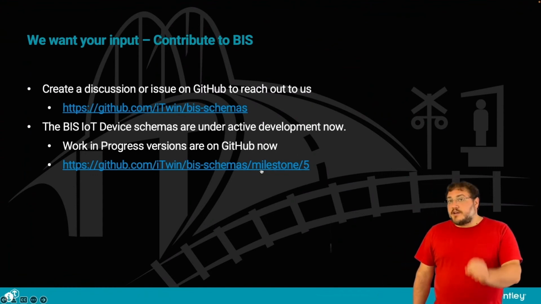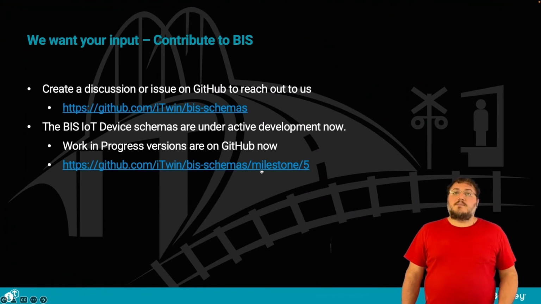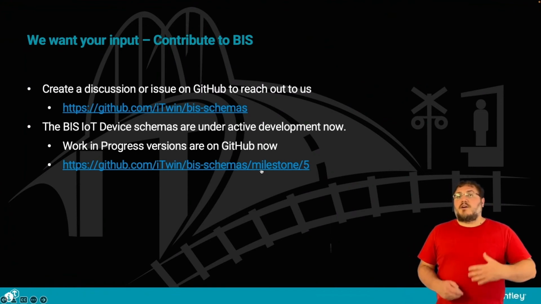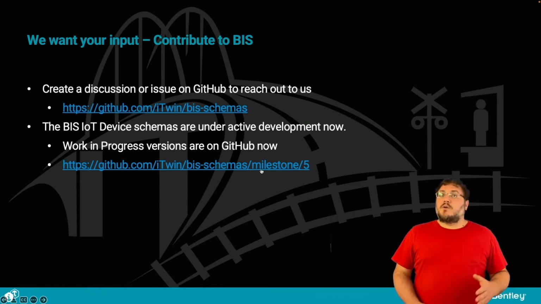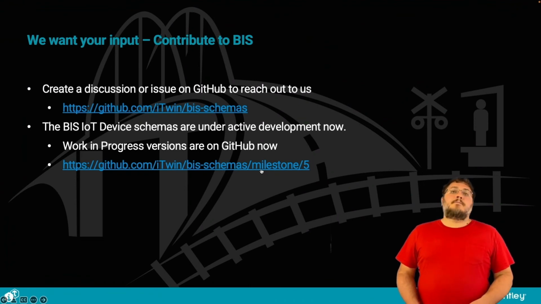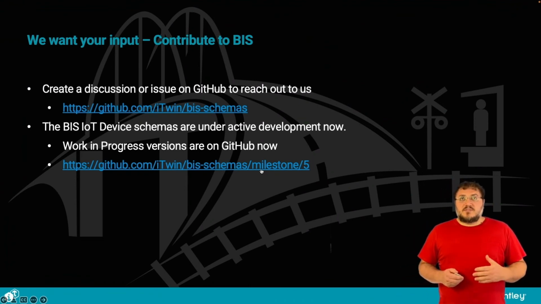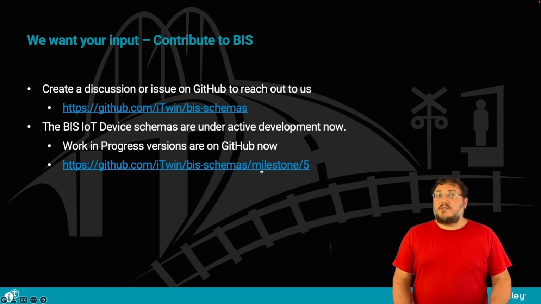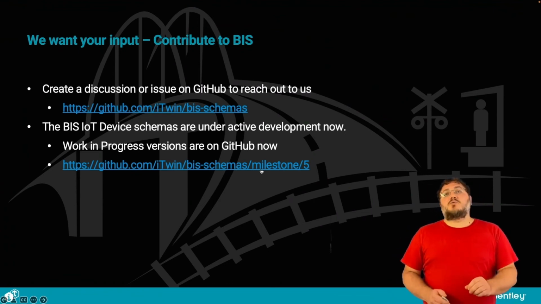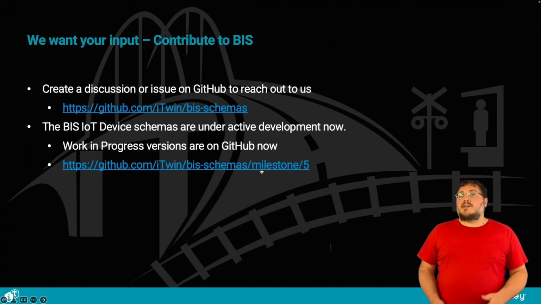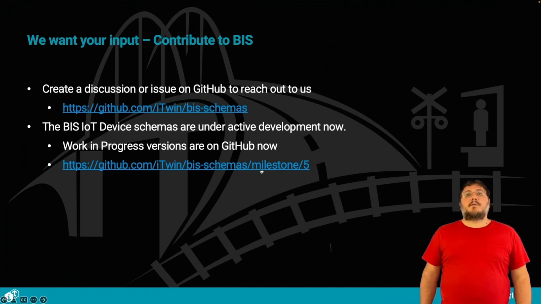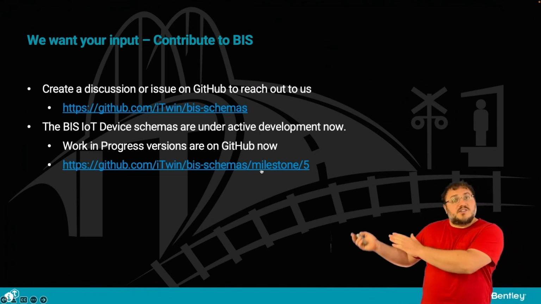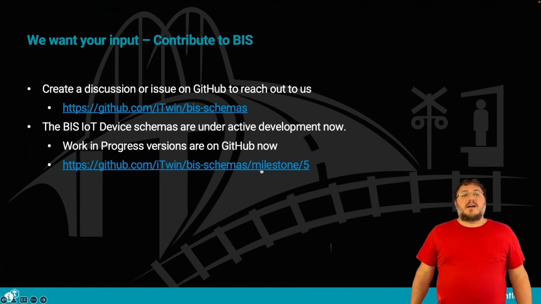And one thing in particular I want to highlight is our IoT schema project. We have a bunch of work in progress schemas for doing functional and physical definitions for IoT devices. This isn't about storing IoT data inside of an iModel. It's about storing the location and functionality of IoT devices within the iModel so that you can then connect it to a system that stores the IoT data.